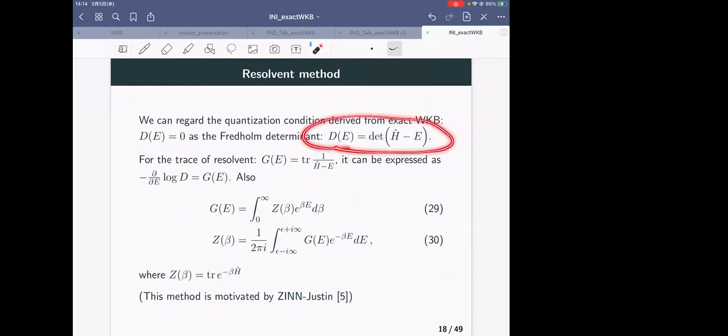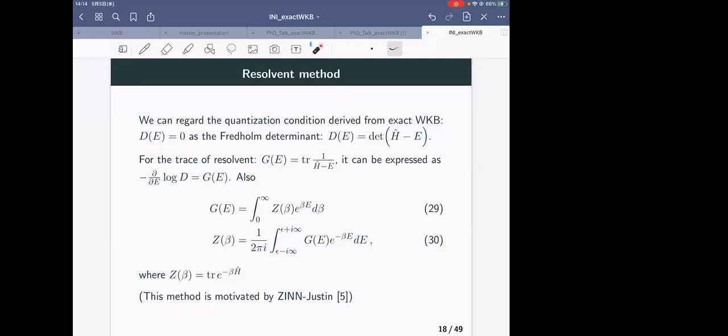And of course, by definition, the zeros of this Fredholm determinant are the same as the spectrum. Therefore, the exact quantization condition should be proportional to the Fredholm determinant.